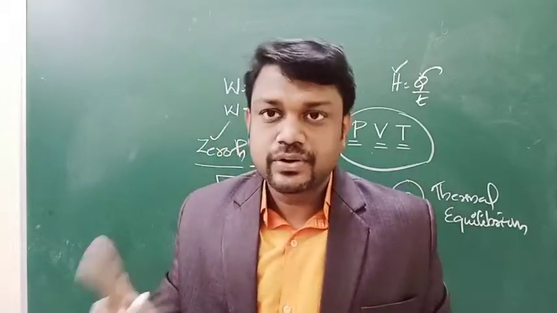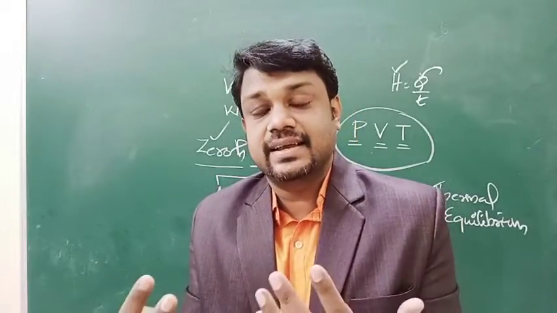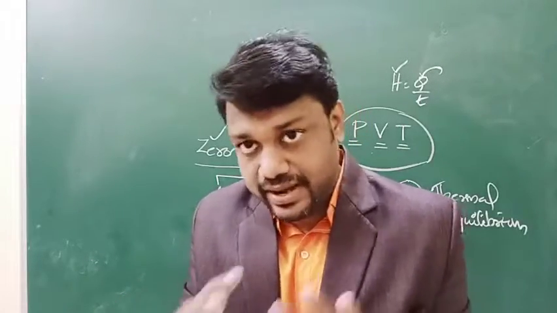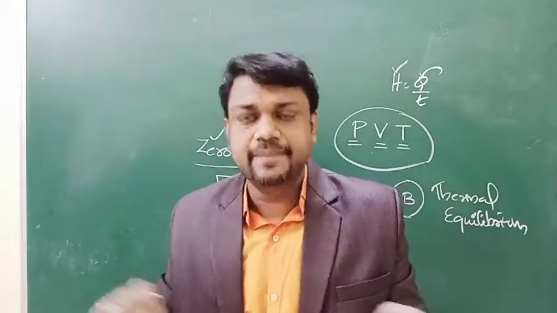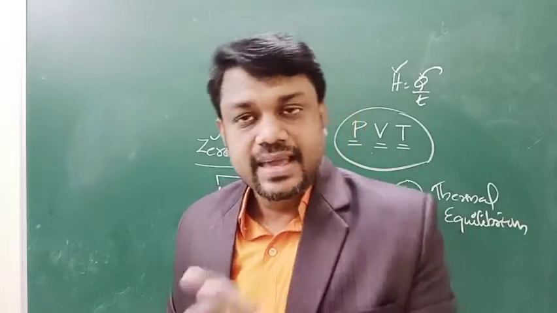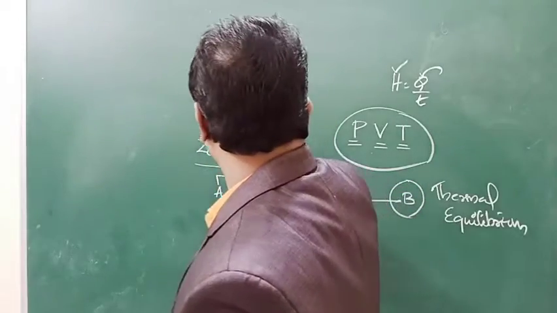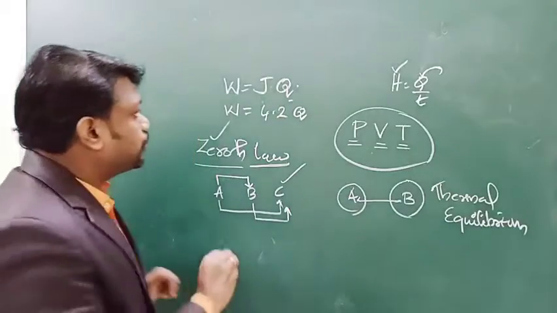That is, if 4.2 into 10 to the power 3 joules of work is done, then its energy increases by 1 kilocalorie. So when we are converting directly, if 4.2 joules of work is done on a system, its energy increases by 1 calorie. That is why we are saying that W is equal to 4.2 Q.